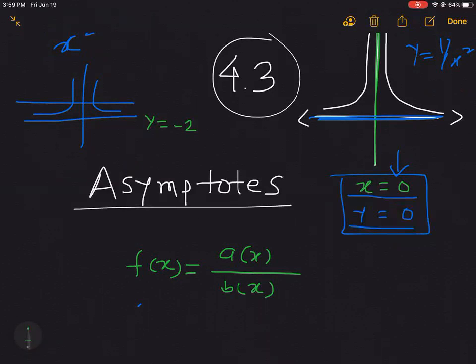Just think of a value of x which makes this undefined. In general, for the denominator, you can easily find one or two values of x for which the entire fraction will be undefined, right?